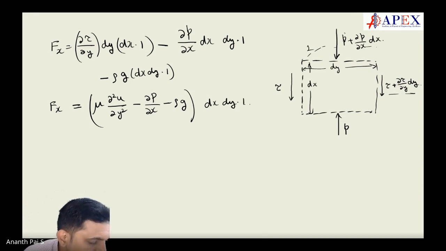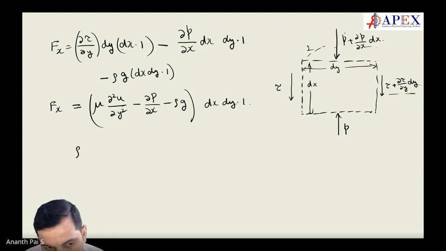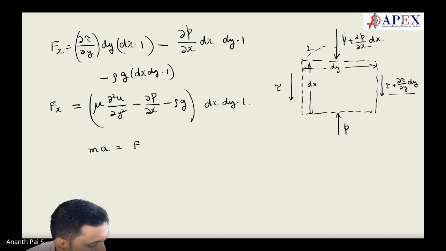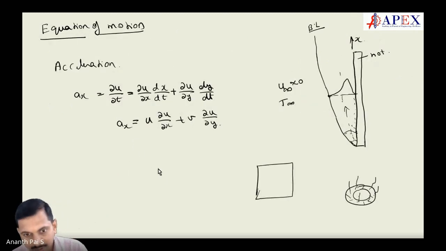So now, if you consider the whole thing, mass into acceleration is the force applied. Right. So if I put it together, I'll get rho into acceleration, mass into acceleration per unit volume. So everything is per unit volume here. This is acceleration, mass we will take.